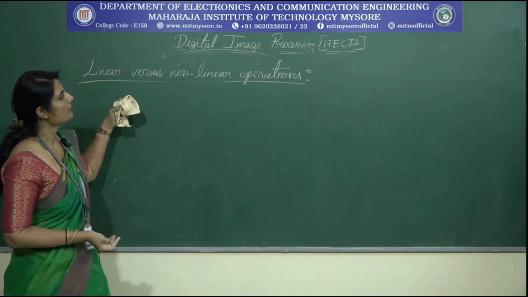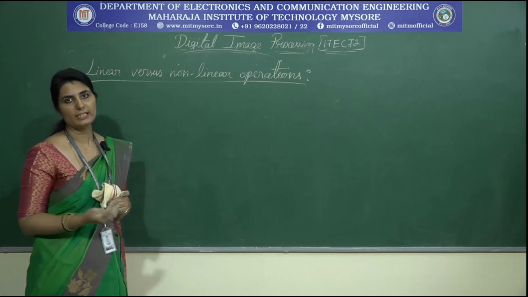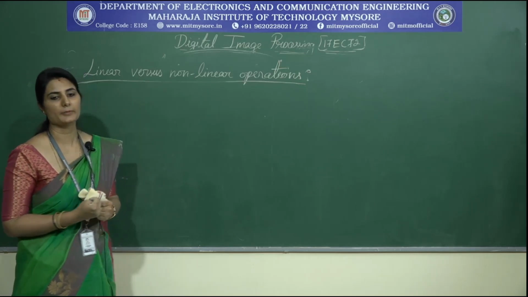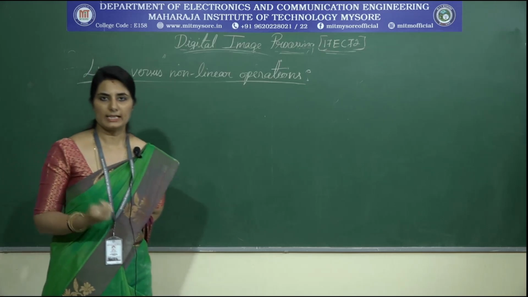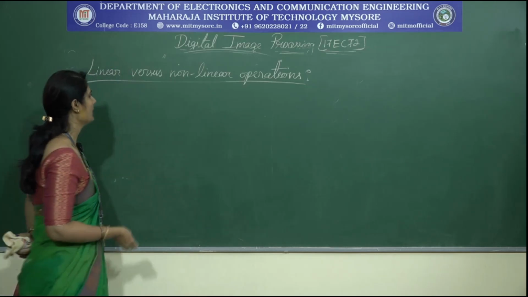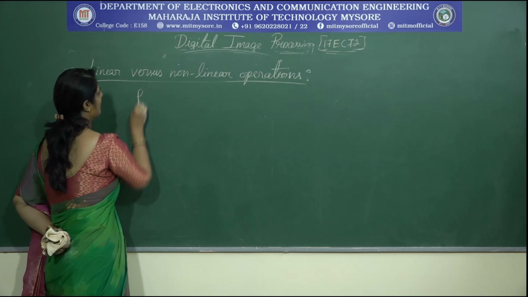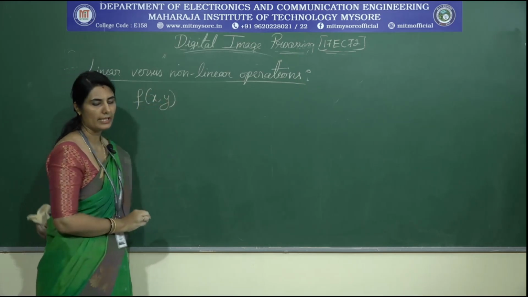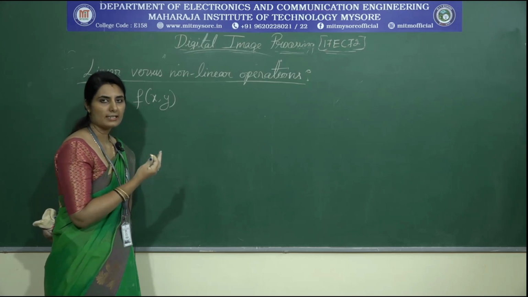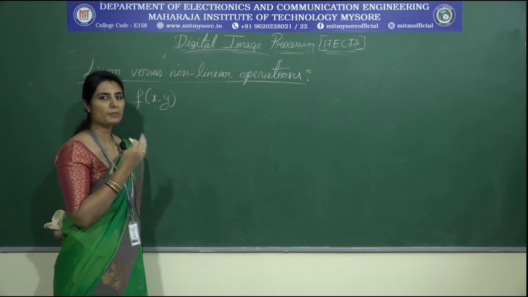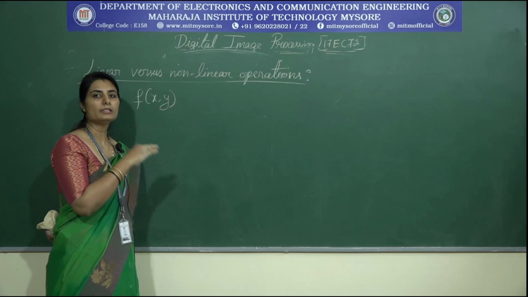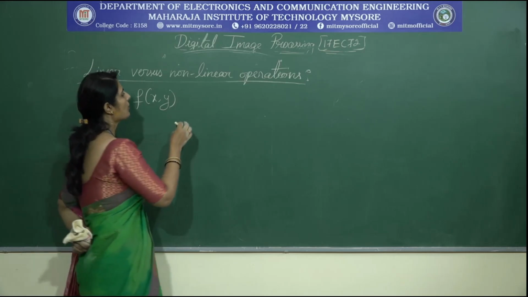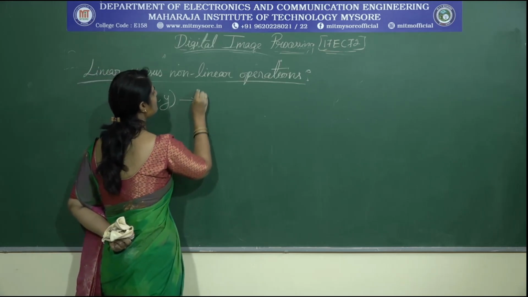Okay. So here we will understand the concept of linearity and non-linearity. Now let me consider an example where I consider an image f of x comma y. After performing some operation on this digital image, it produces the output.